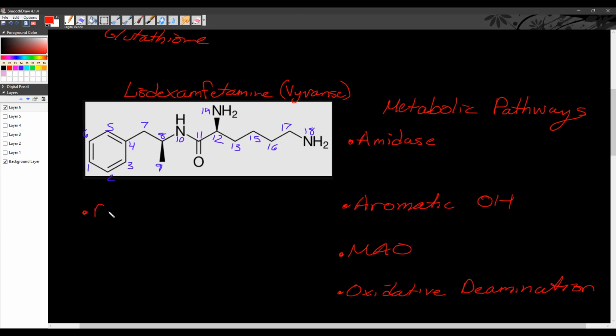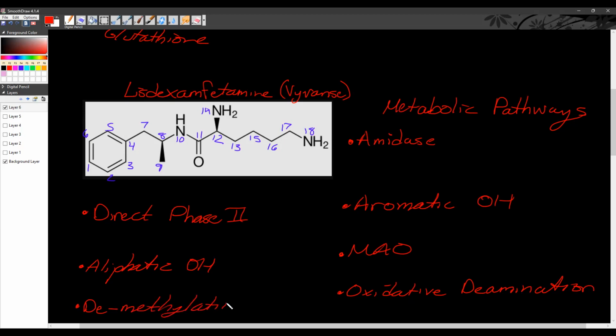I see a direct phase 2. I see an aliphatic. Dealkylation potentially. So you mean like a demethylation? I think that's quite literally all of the pathways.